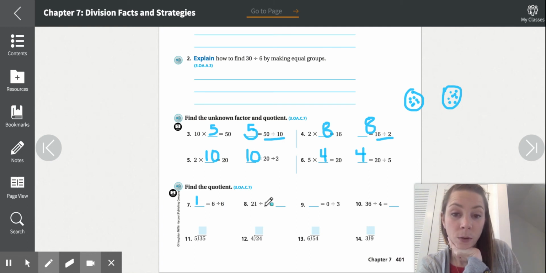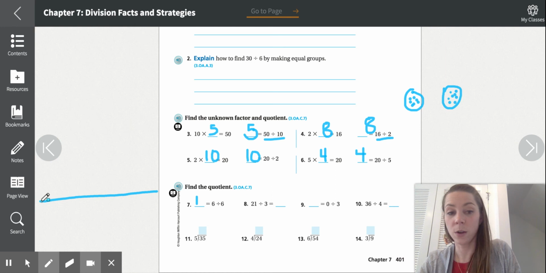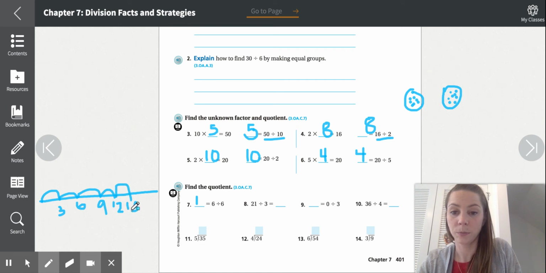21 divided by 3. A lot of times with the 3s, we skip count forward. So you can think of it on a number line, or you can think of our song. 3, 6, 9, 12, 15, 18.